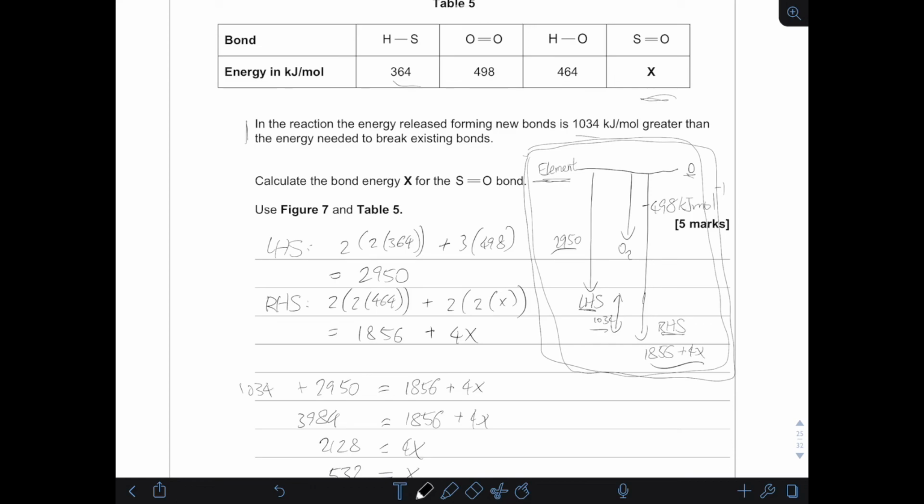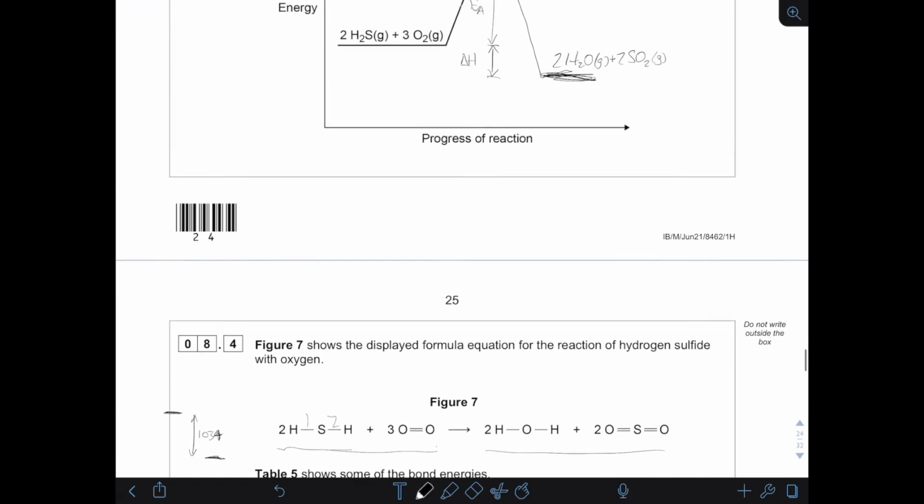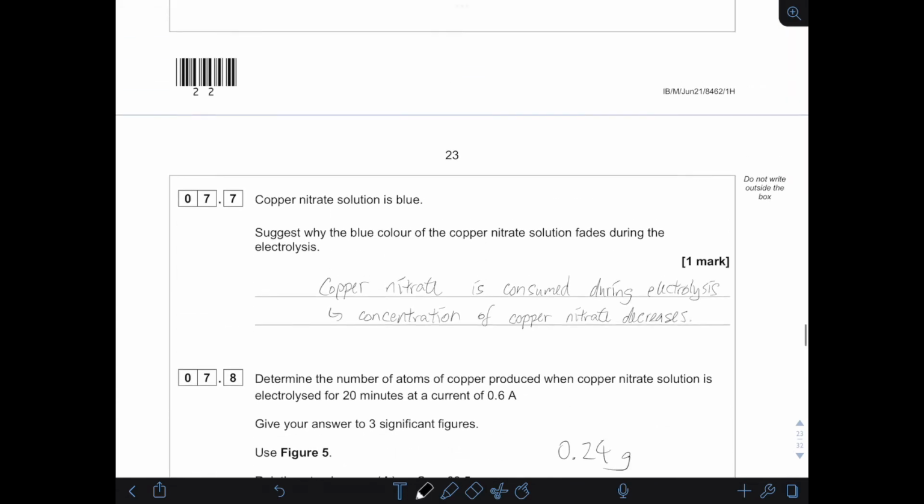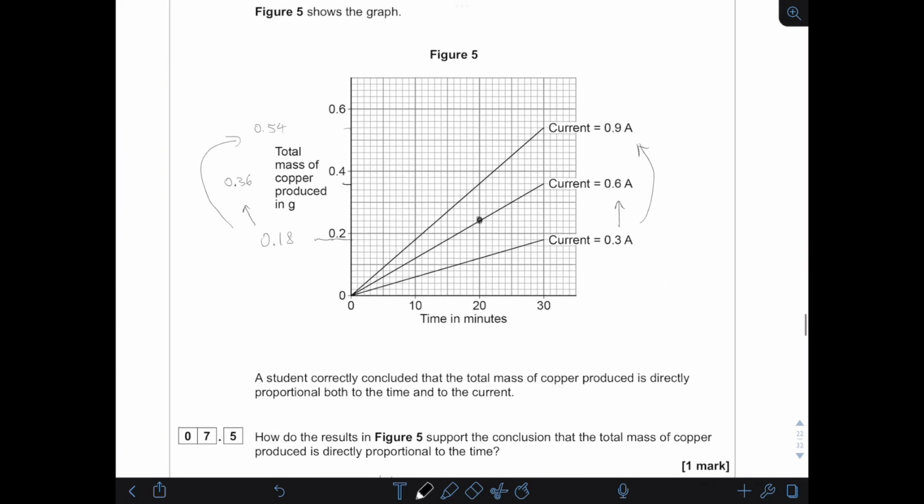People add the delta H on the wrong side of the equation a lot of the times. I was a serial offender of that back in the days when I was young. But things like that, yeah.